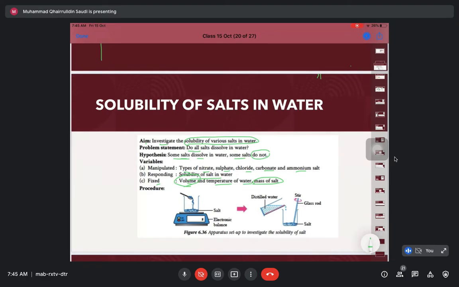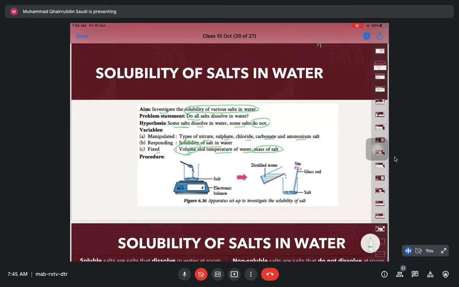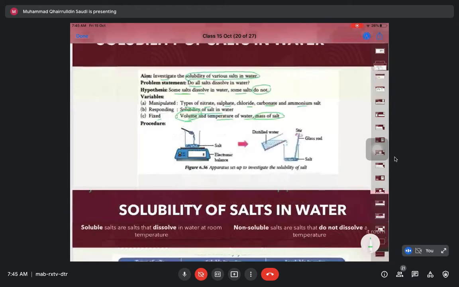Okay, sampailah dia macam dah tak boleh, no change, dah tak ada perubahan lagi dah. And then you record the result. Senang saja. Okay, sebab awak hanya campur air. Timbang berat yang sama, measure air yang sama, campurkan, stir, and then you can see the result. Ingat, temperature of the water must be sama juga. So that is how you test solubility of salt in water.